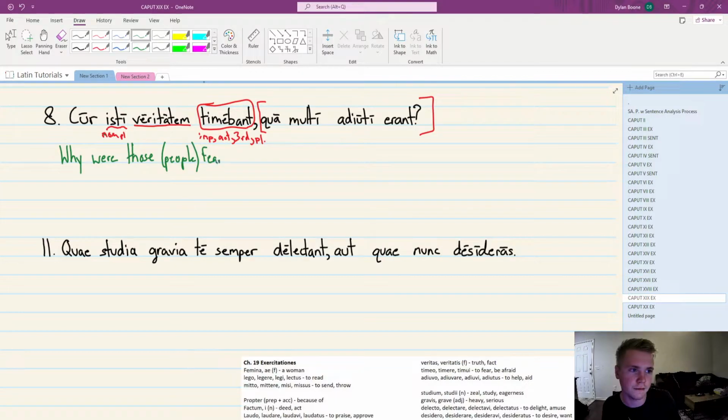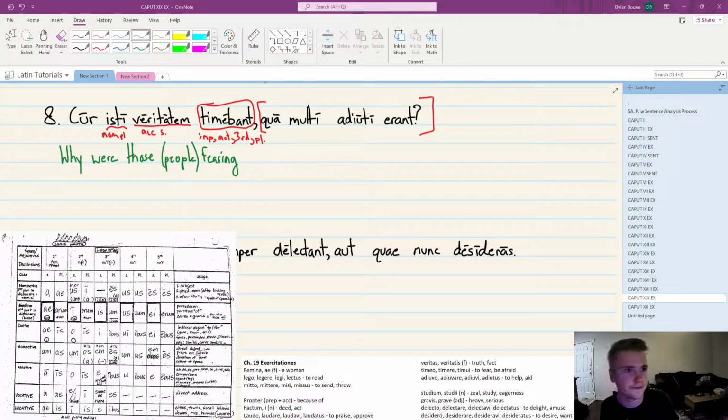Being afraid of? Fearing what? The veritatem. That's an accusative singular, from veritas, veritatis, third declension. Accusative singular. That puts us down here in the accusative case, so it puts us down here as the direct object. Fearing the truth.